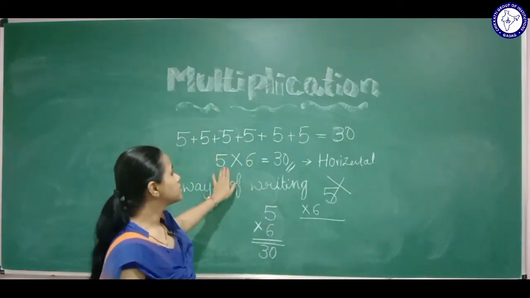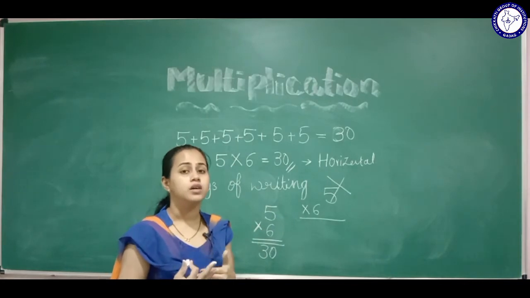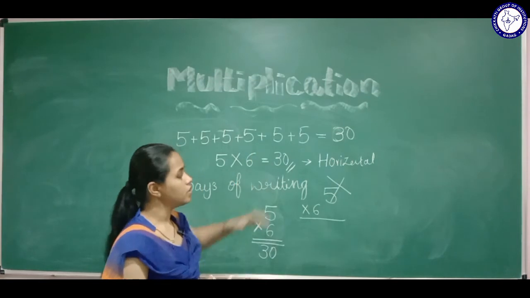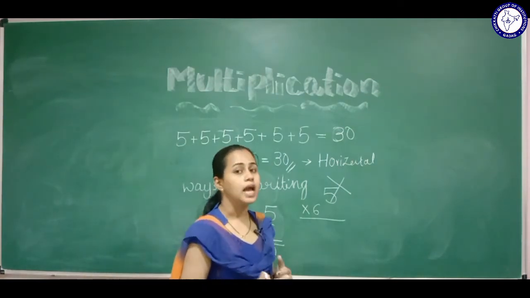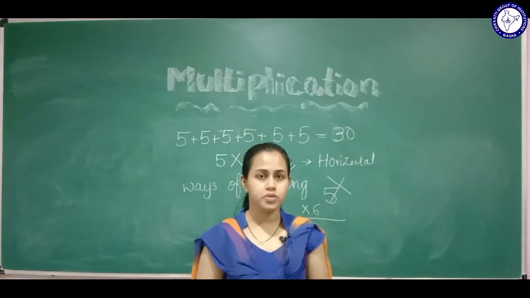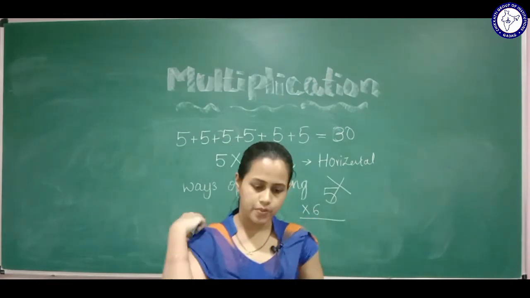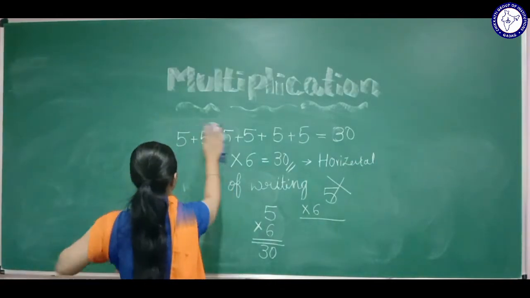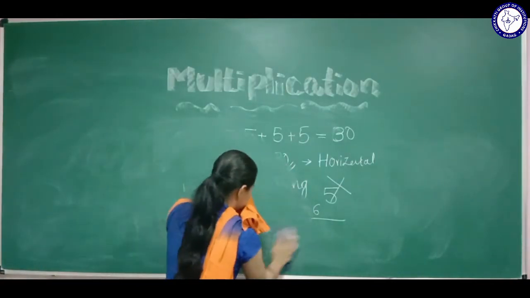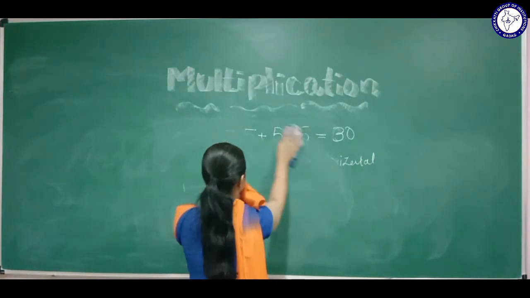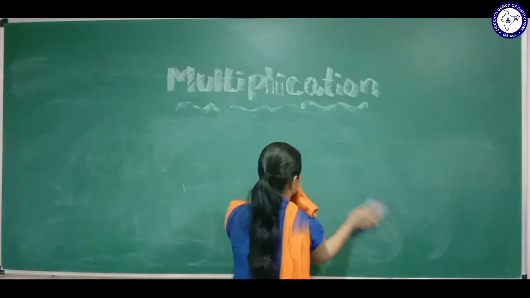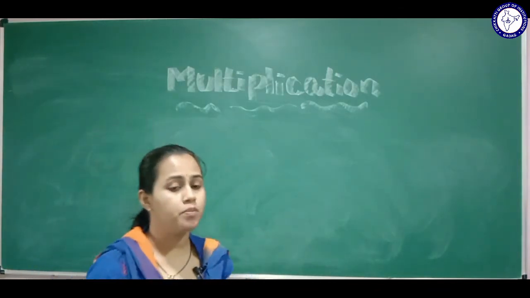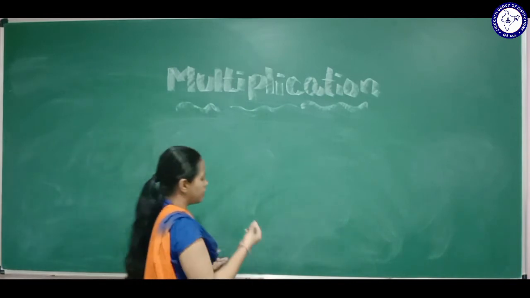Okay, so this is what we have done, right? That was single digits. Now how do we calculate with 2-digit numbers? So let's see that. We have done only a 1-digit number with a 1-digit number, like 5 into 6, right?